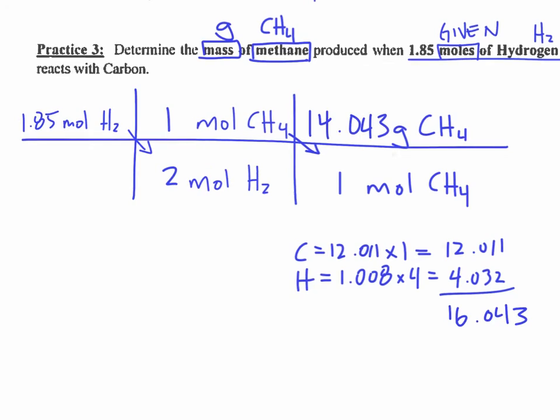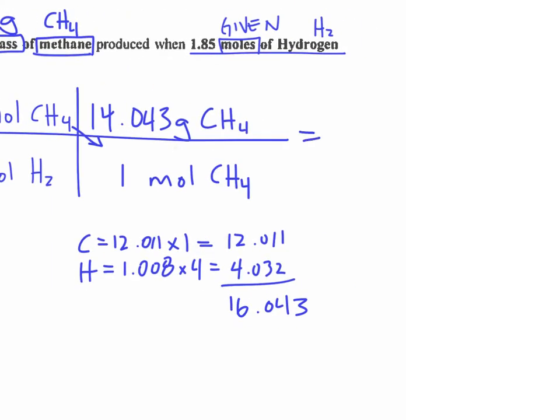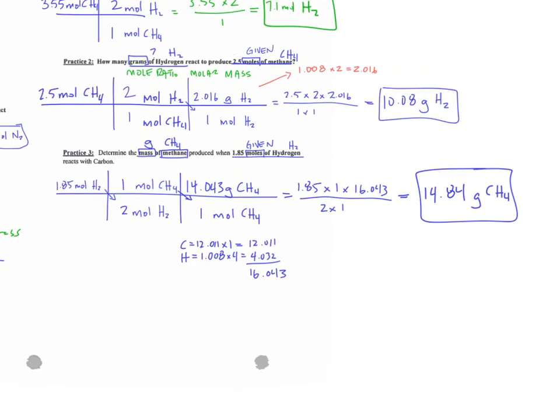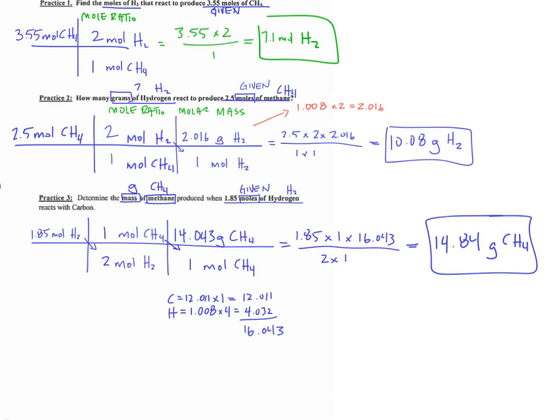Now I do the calculation: 1.85 times 1 times 16.043, all divided by 2 times 1, which gives me 14.84 grams of methane. So now I've successfully converted from moles of hydrogen to grams of methane. 2 different units, 2 different substances. That's the mole mass conversion.